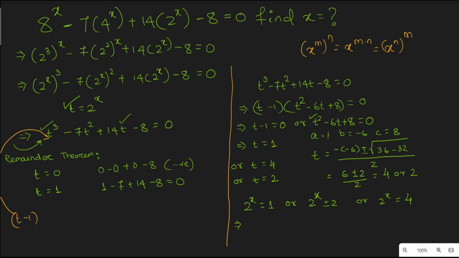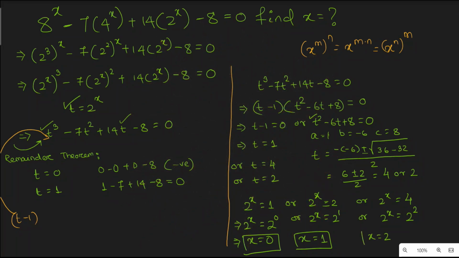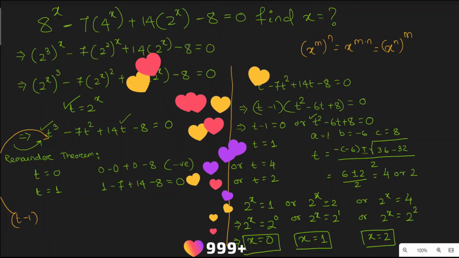Now we know that 2 to the power x is equal to 1, I can simply write 2 to the power 0, then the value of x is equal to 0, or 2 to the power x is equal to 2, we can write 2 to the power 1, then the value of x is equal to 1, or 2 to the power x is equal to 4, we can simply write 2 to the power 2, now the value of x is equal to 2. So the answer of this equation is x is equal to 0 or 1 or 2.